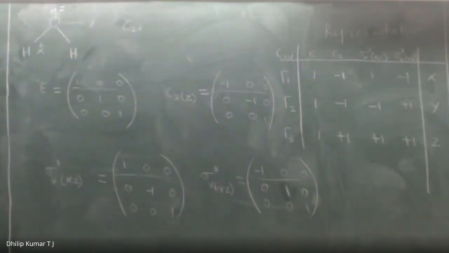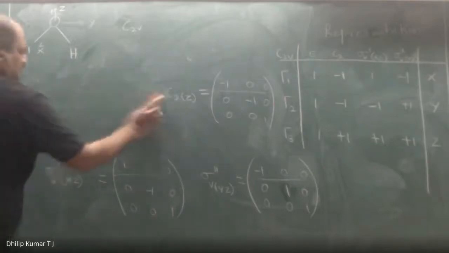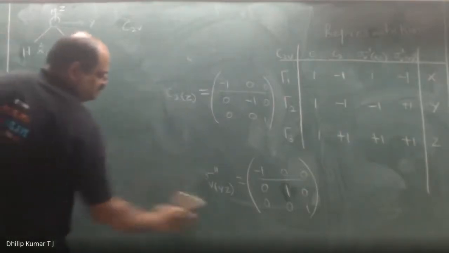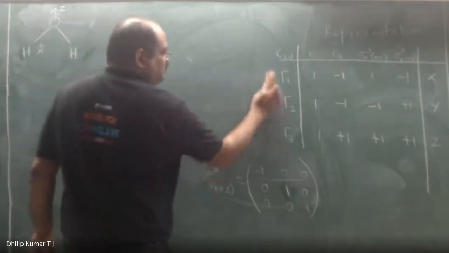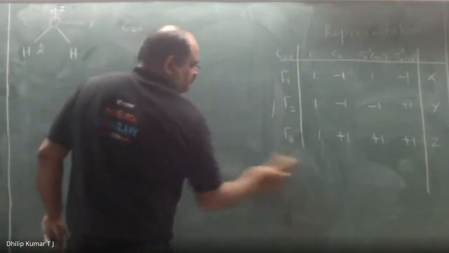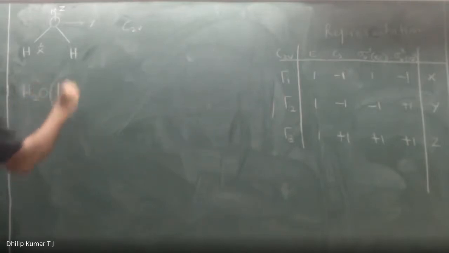So we can take the water molecule, take the px orbital, and see what happens. Let me write for that: the px orbital of water. Let's perform all the operations on px of water.